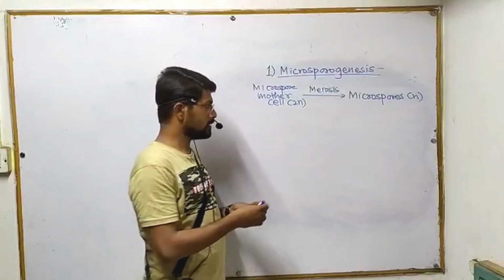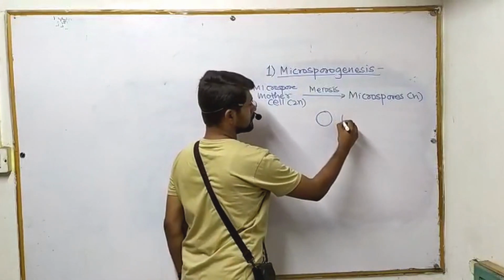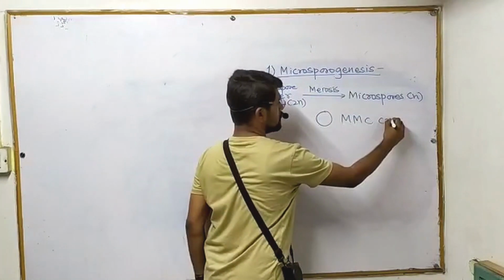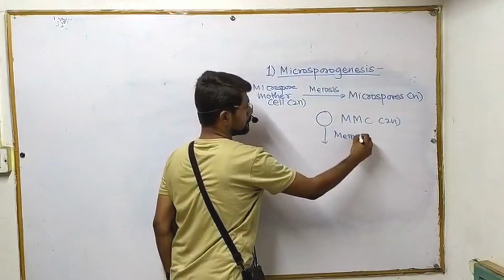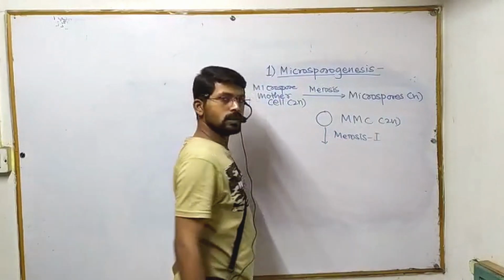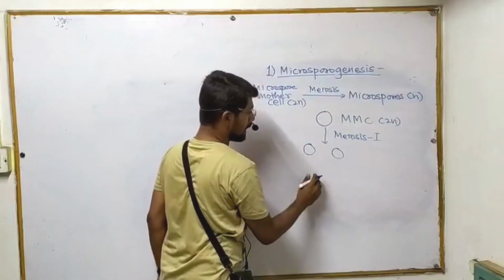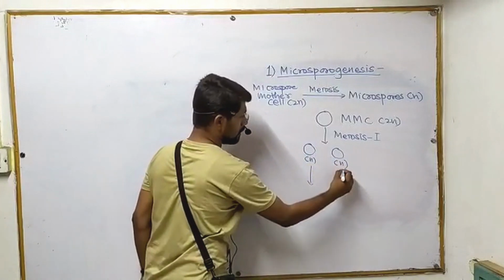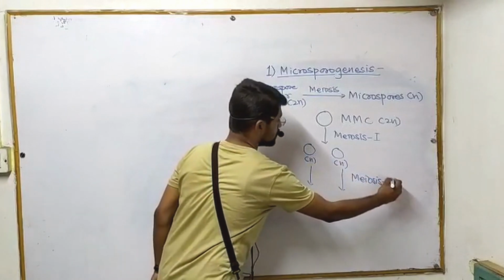So how the process occurs, we can explain. This is called MMC, that is nothing but the microspore mother cell, which is diploid. It will undergo meiosis first. After the first meiotic division, it will divide into two cells. Both these cells are haploid. Then each cell will undergo the second phase of meiosis, that is meiosis 2.